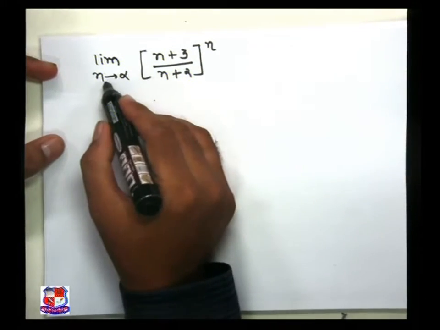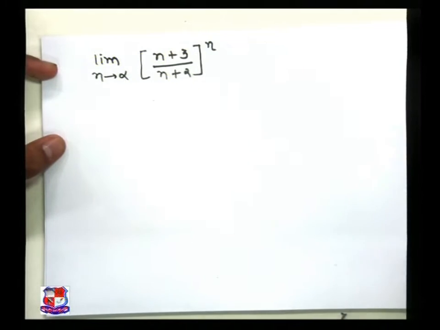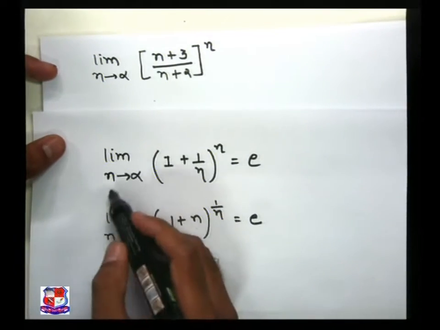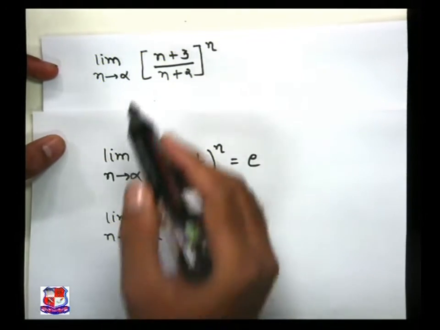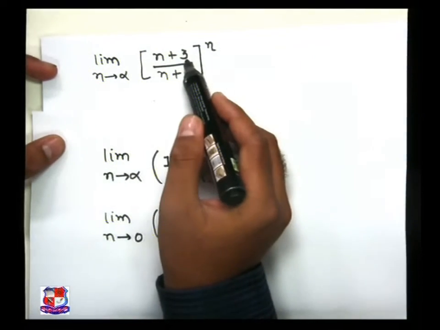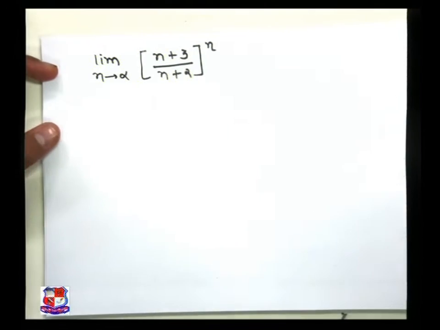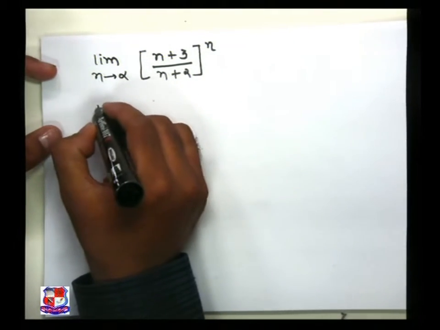So here n tends to infinity, our base formula suggests that whenever limit n tends to infinity, inside the bracket 1 upon n. So again we divide all the values by n. So again the step is repeated.